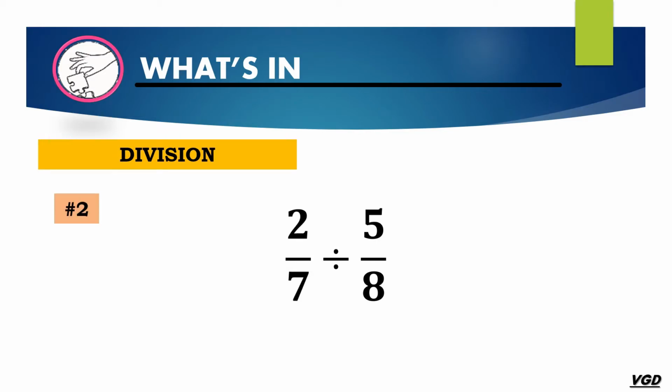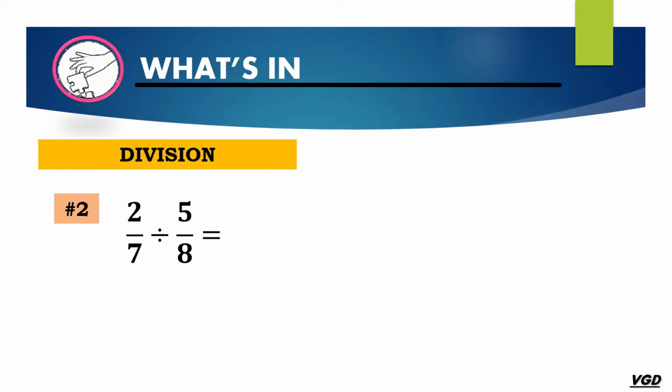Let's proceed to number 2: 2 over 7 divided by 5 over 8. Following the steps that we had in number 1, all we have to do is multiply this fraction to the reciprocal of the other fraction. So we have here 2 over 7 times 8 over 5.